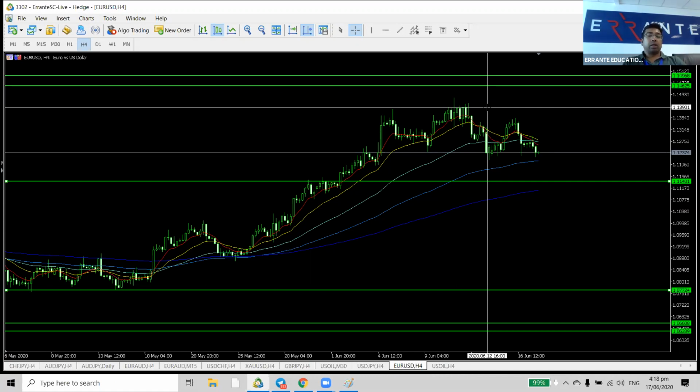So this is what psychological numbers are for: to enter a sell or a buy with the right prices, and also to exit in the safest manner, or at the safest level possible. That's basically it.